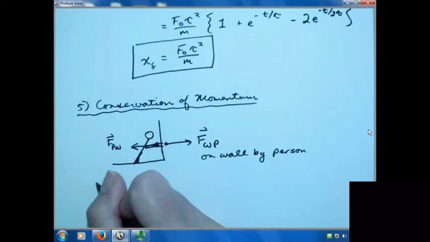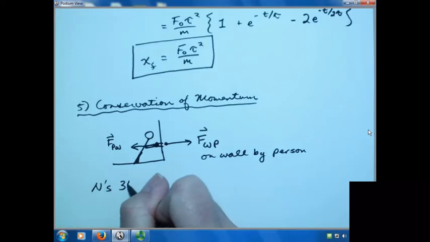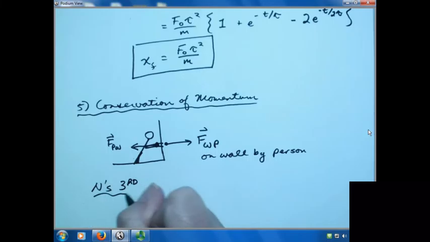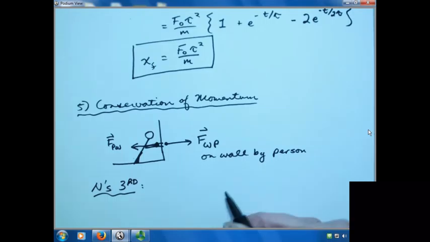Newton's third law states, if object 1 exerts a force on object 2, then object 2 always exerts an equal and opposite force on object 1.